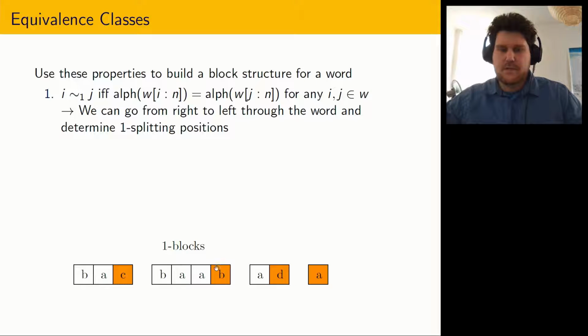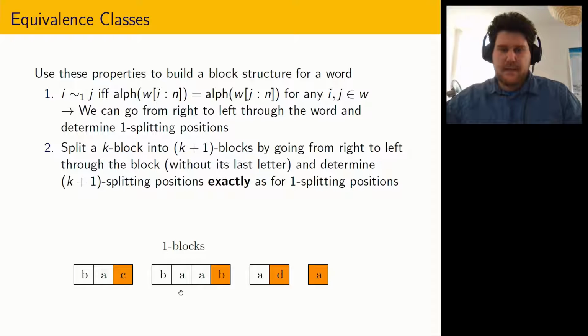We will not care about the B here, and then we will go through the rest, the BAA, again, right to left, and whenever we find a letter we haven't seen before, we will mark it as a 2 splitting position. This will be the A. The A here is old one, and we also have the B here on the left side.